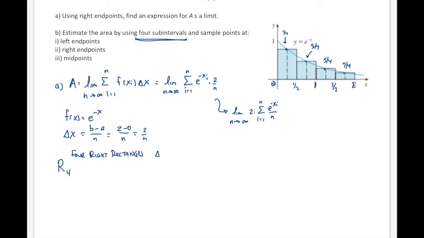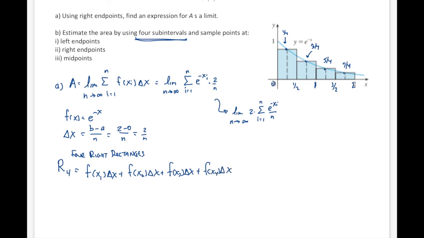For each rectangle, with delta x, for right rectangles, it is going to be f of x sub 1 times delta x plus f of x sub 2 times delta x plus f of x sub 3 times delta x plus f of x sub 4 times delta x.